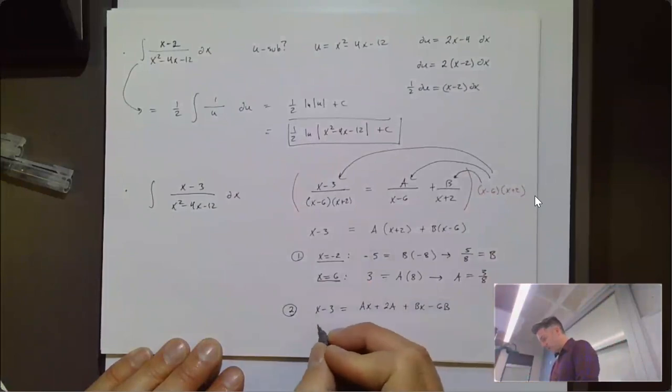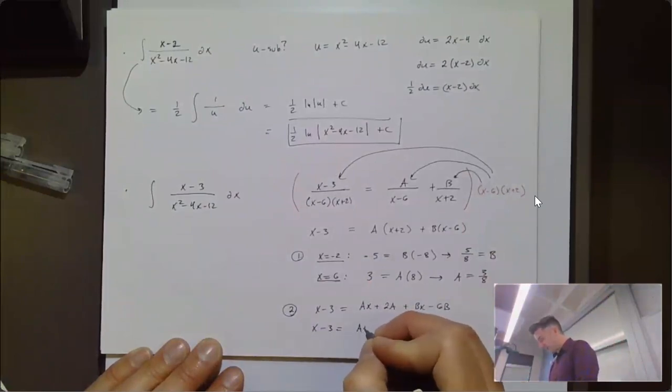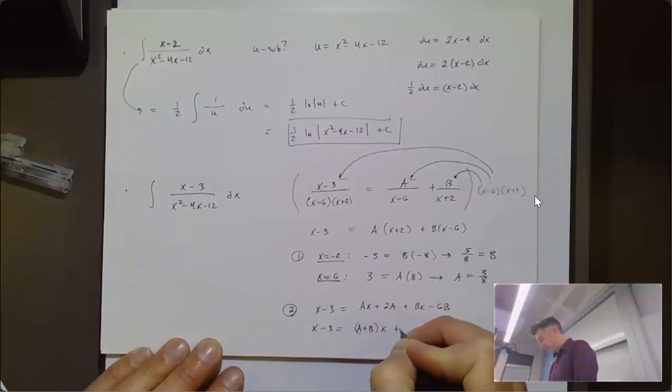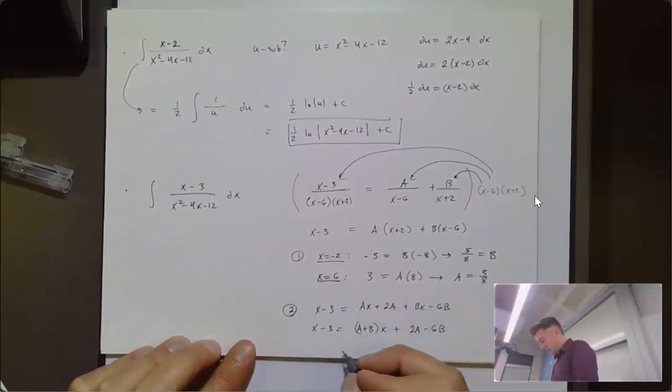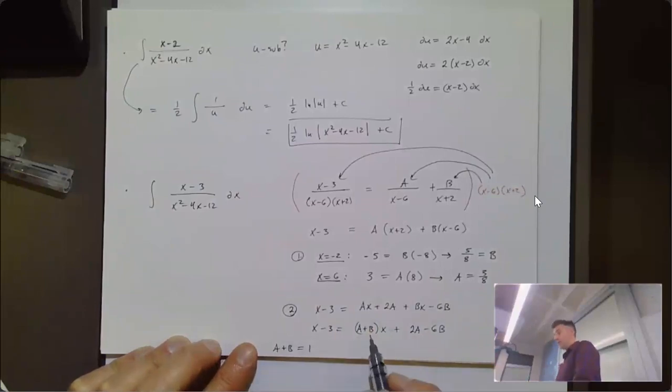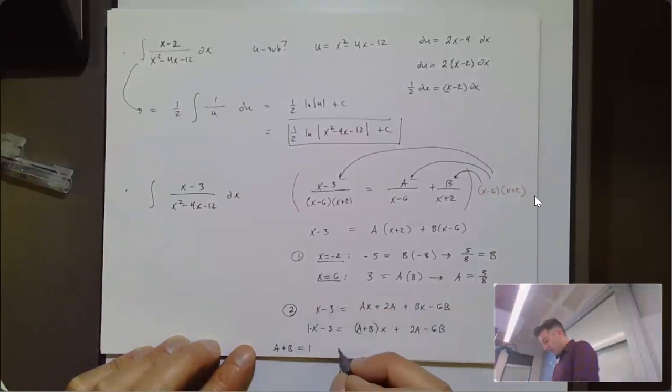If I group like terms, I have a plus b times x, and then my constant term is 2a minus 6b. Then they say a plus b equals 1, apologies, because the coefficient here has to equal the coefficient there, and 2a minus 6b equals negative 3.